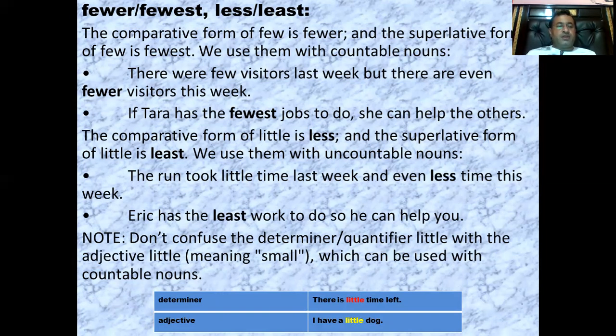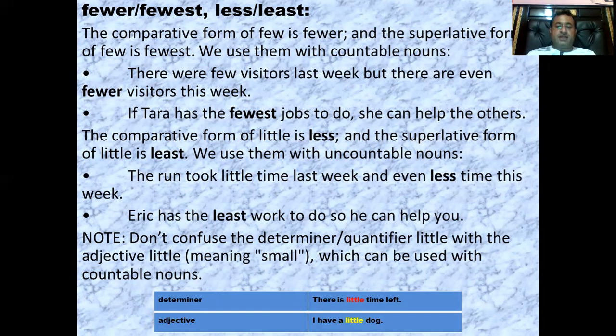One thing you need to note here is that you should not confuse the determiner quantifier little with the adjective little, because the quantifier little expresses an amount, while little used as an adjective means small. You can see it from the table. There is a little time left.